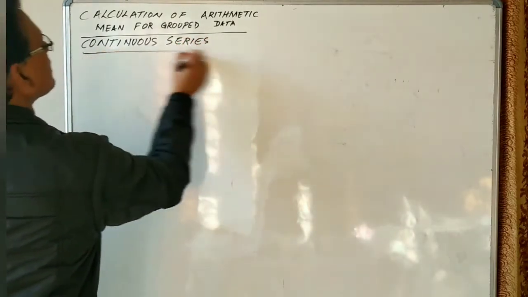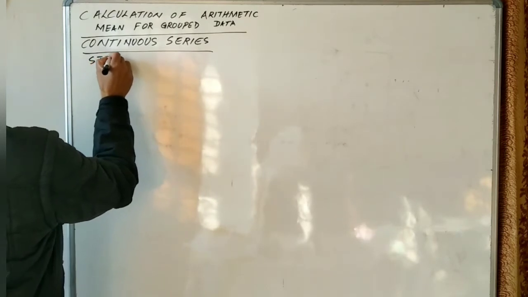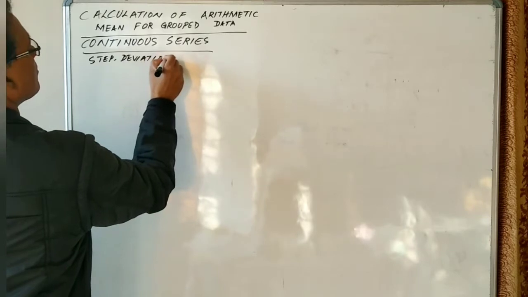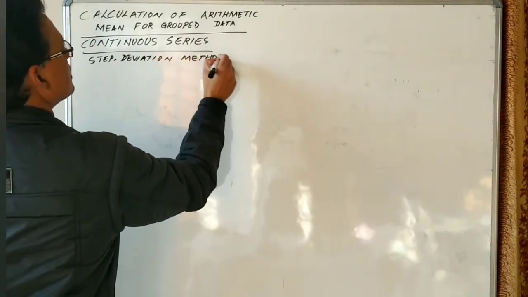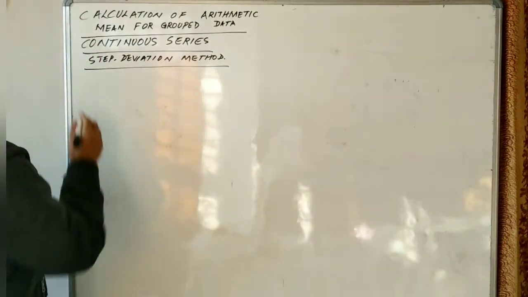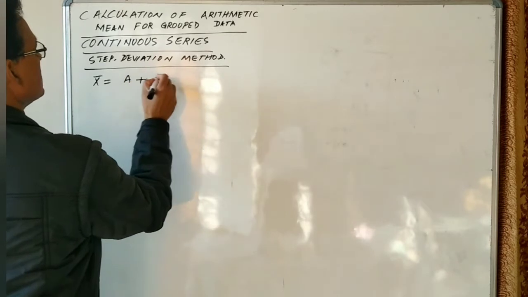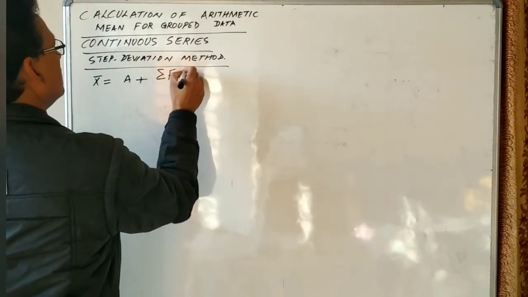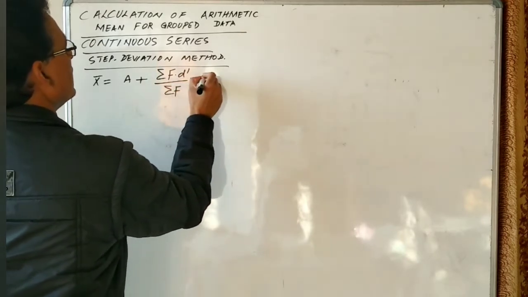We'll discuss this step deviation method. So let us see this in a step deviation method. The formula for calculation of x bar will be equal to A plus sum of f d dash divided by sum of f, multiplied by c.